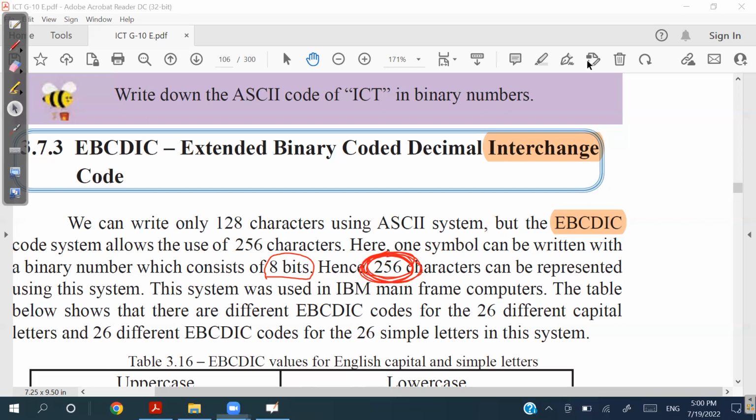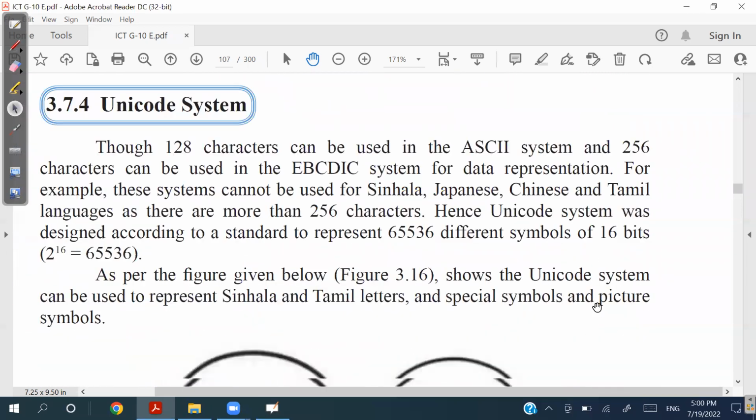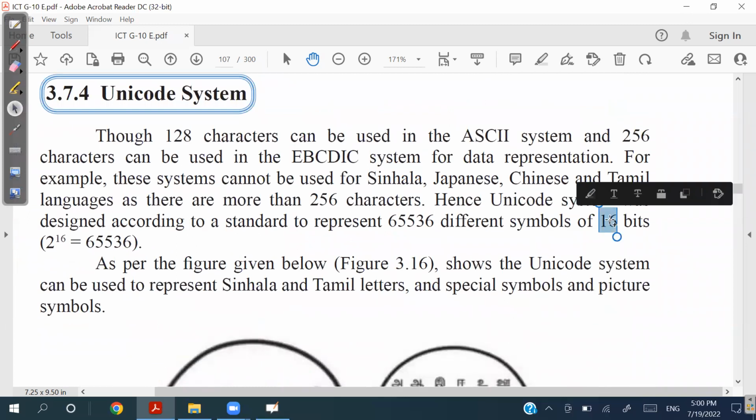So they introduced something called Unicode, right? Unicode uses 16 bits to represent one particular character. So this 16-bit code has the ability to represent 65,536 characters in the computer, which seems to be sufficient for the moment.